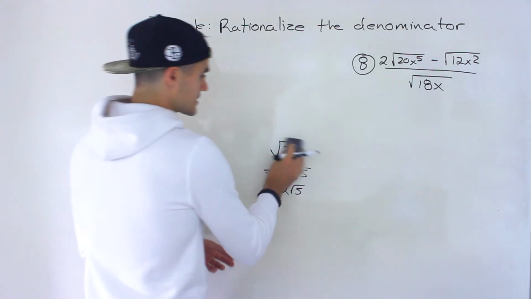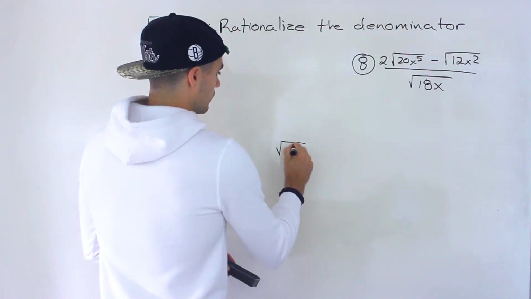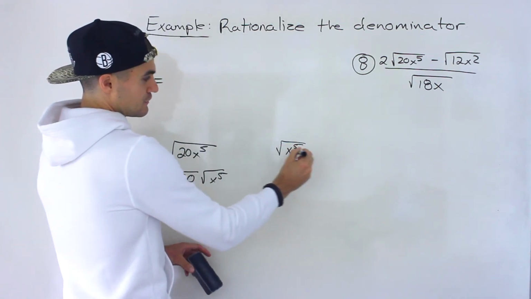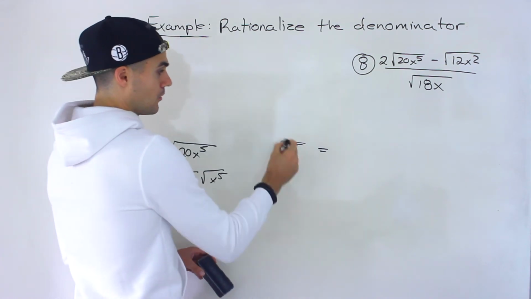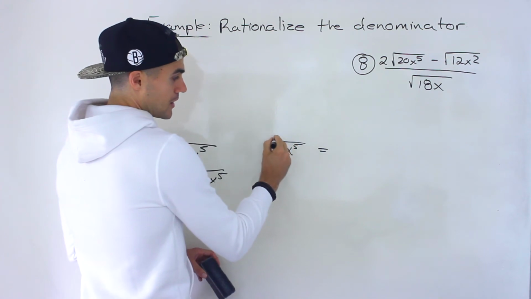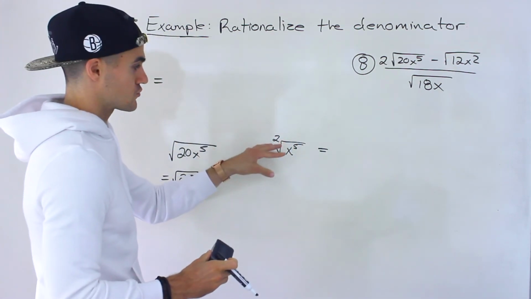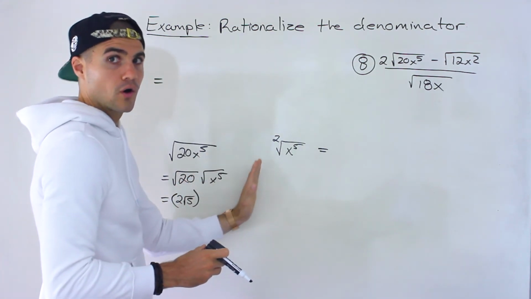What about root x to the power of 5? So if you remember, what we want to do is split up this x to the 5 in terms of x to the exponent of an integer that is less than or equal to 5 and a multiple of 2. Notice there's like an invisible 2 there because we're square rooting. So what are some multiples of 2? 2, 4, 6.